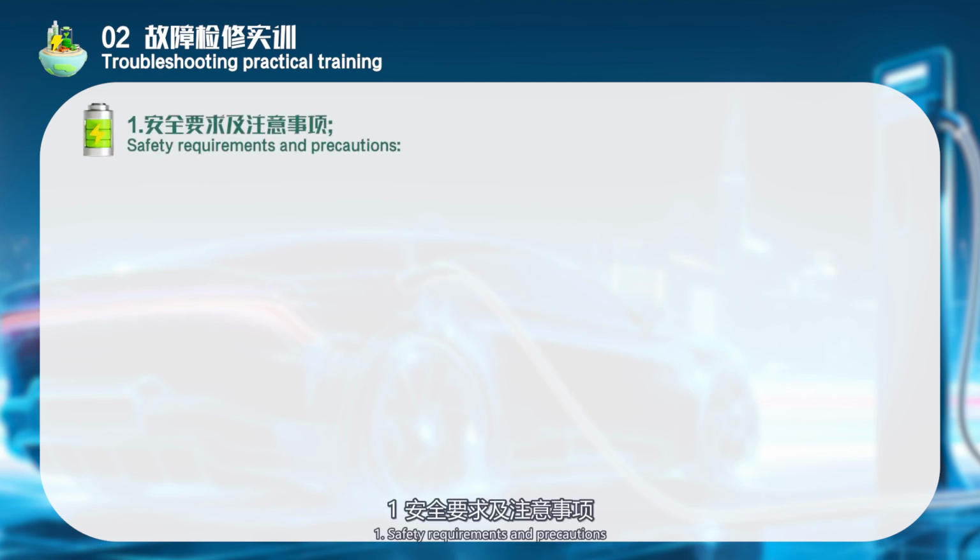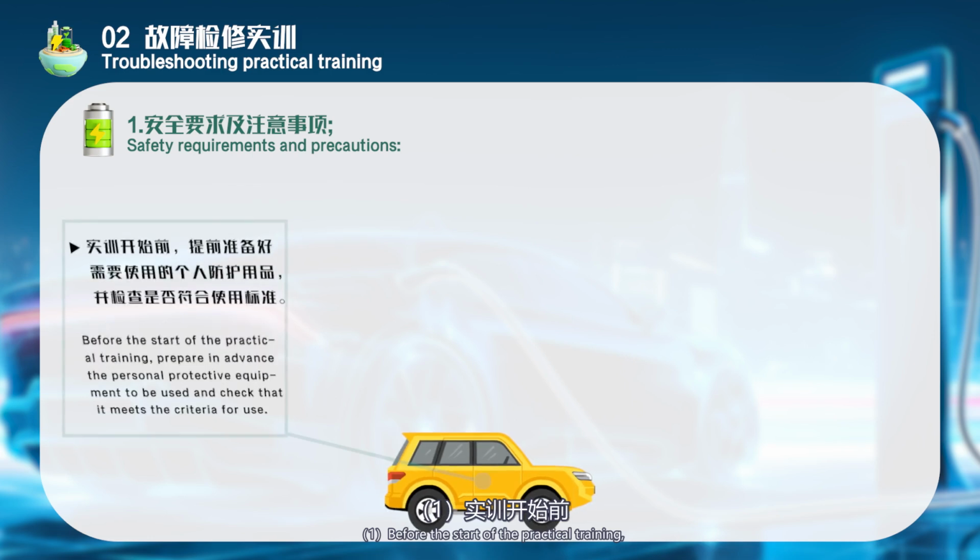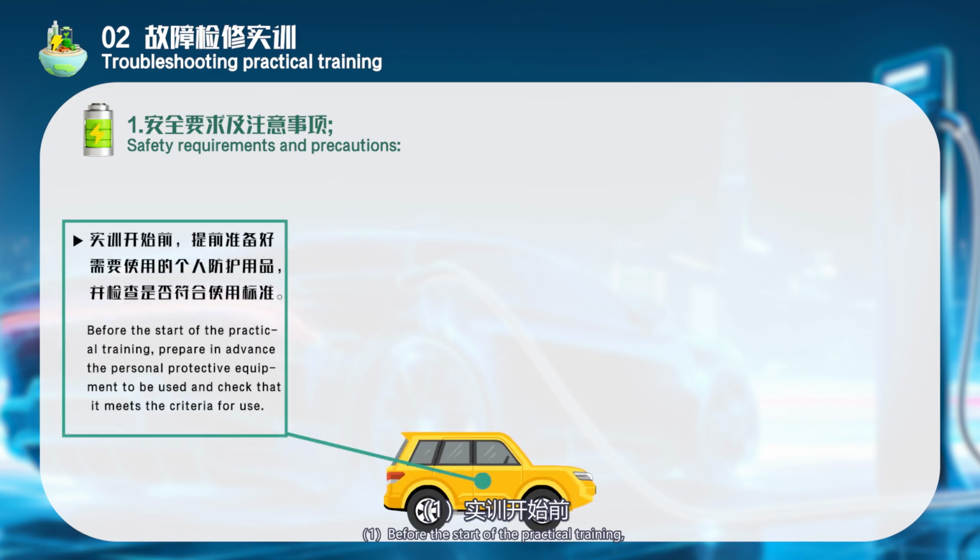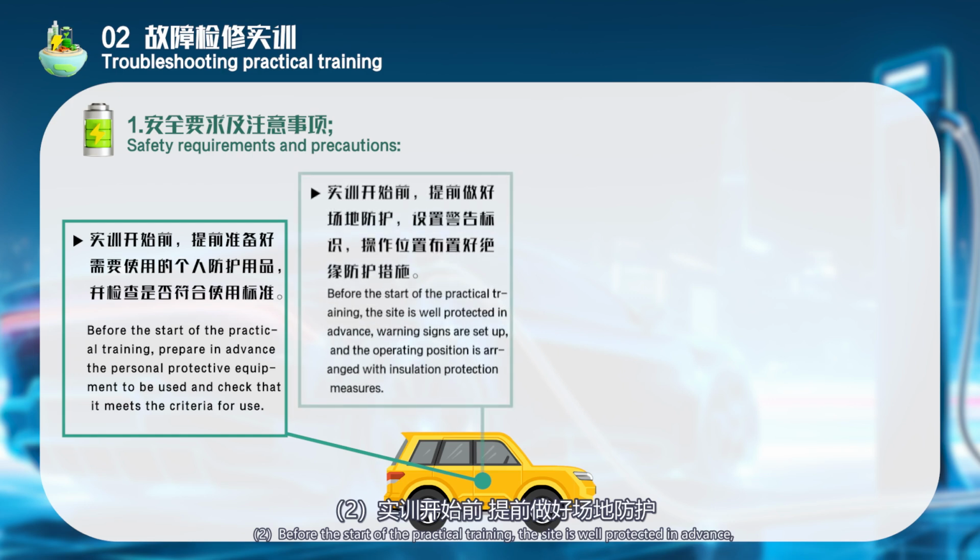Part 2. Troubleshooting practical training. 1. Safety requirements and precautions. 1. Before the start of the practical training, prepare in advance the personal protective equipment to be used and check that it meets the criteria for use. 2. Before the start of the practical training, the site is well protected in advance.